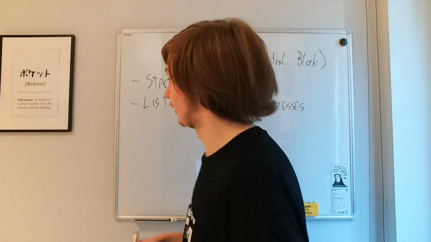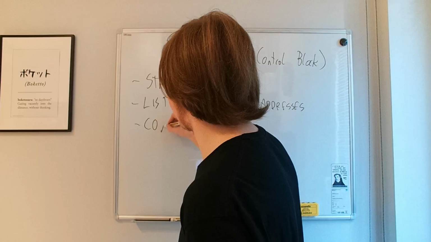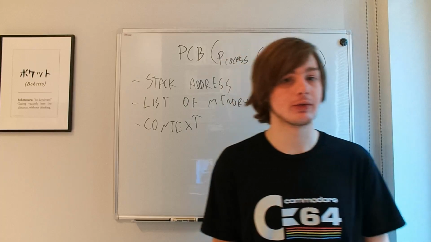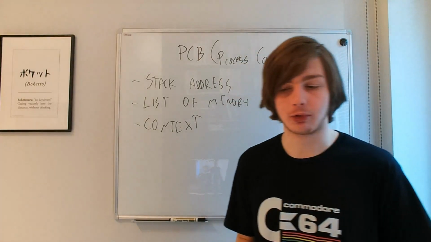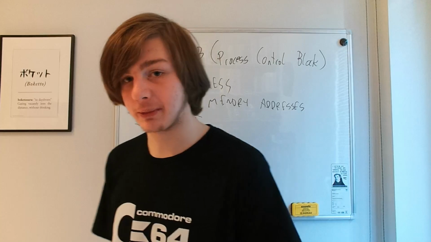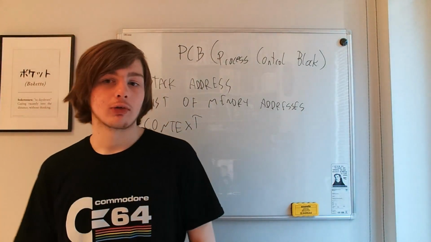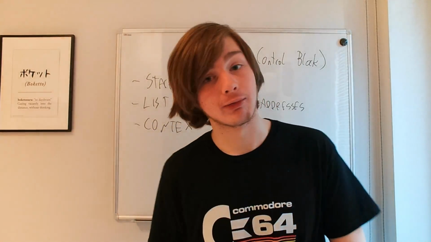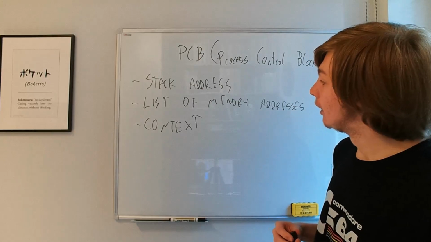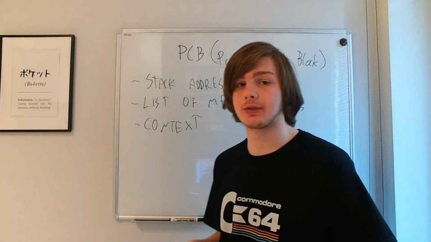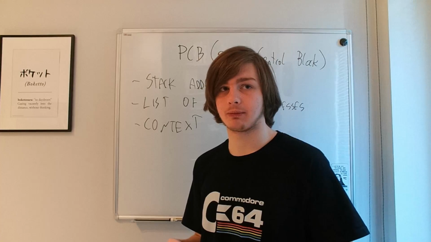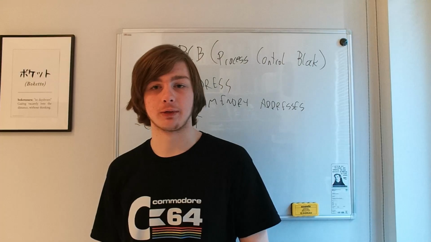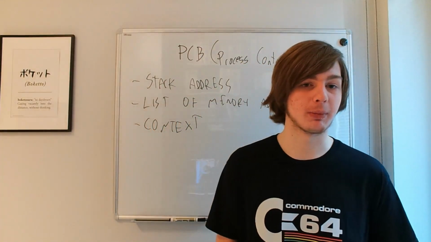And that's a vital part of a process: to have something called a context. This is probably one of the most important things, because the context is something that will allow us to later perform any sort of multitasking, preemptive multitasking, which I'll be talking about in this video. The context is something that will allow us to know where a process has completed its work by that moment.